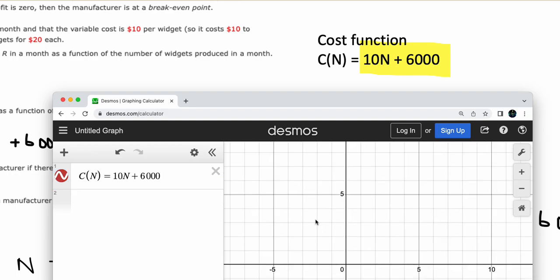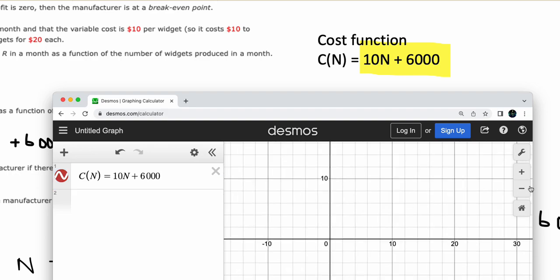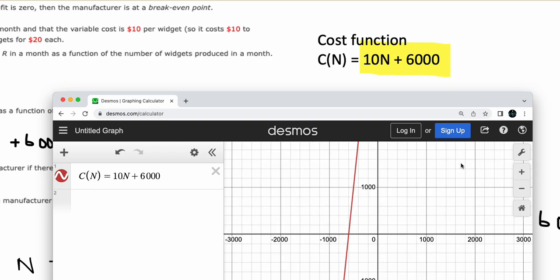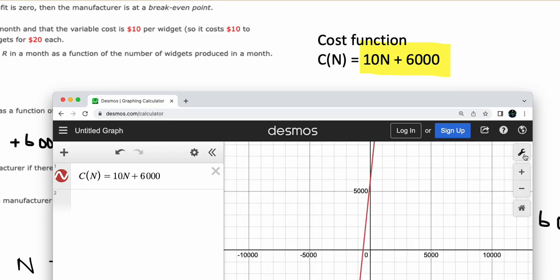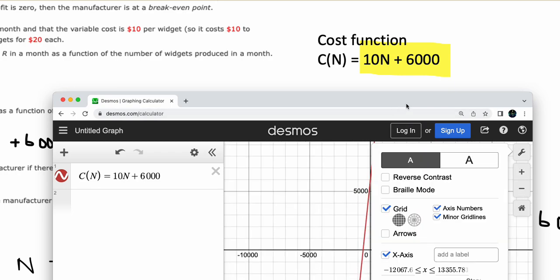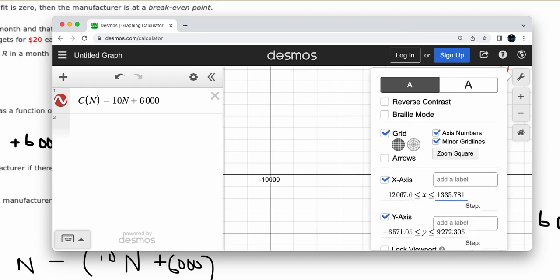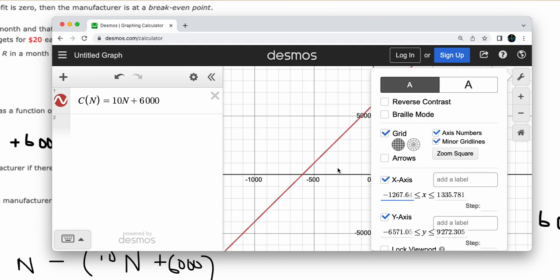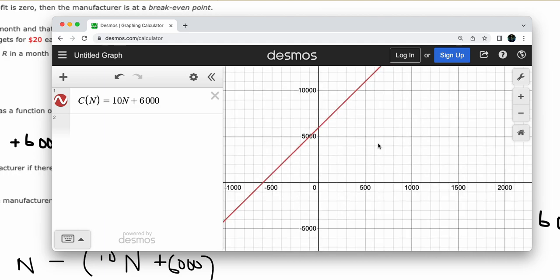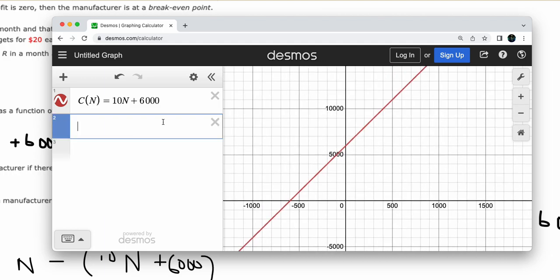Now you're going to have to probably zoom out to see this. You want to scale your axes by clicking the wrench, and we don't need to go that far with the X. This is a little bit better picture here. Now let's draw the revenue next, which was 20n.